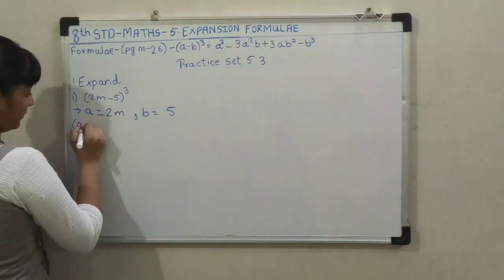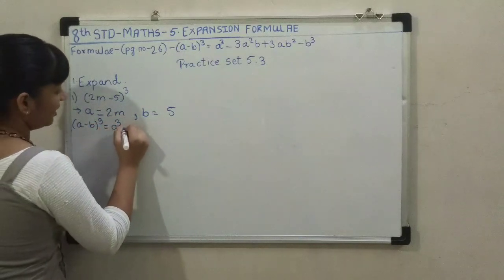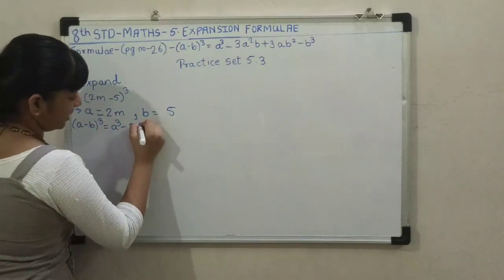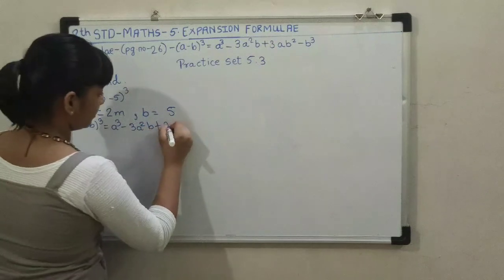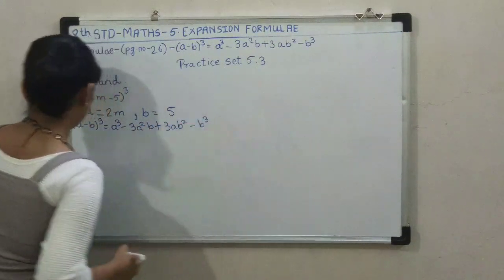So we write the formula (a − b)³ = a³ − 3a²b + 3ab² − b³.